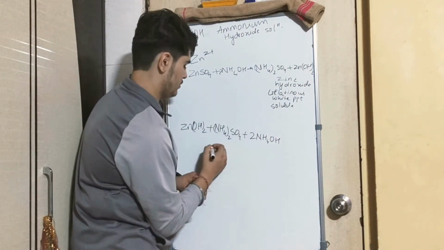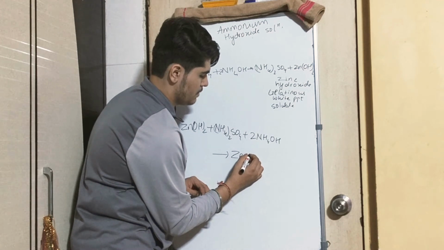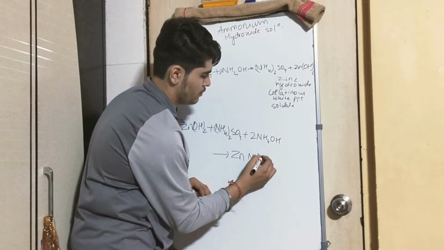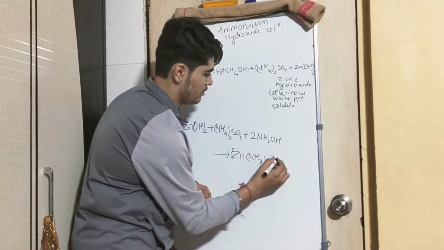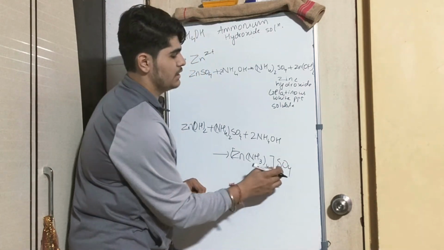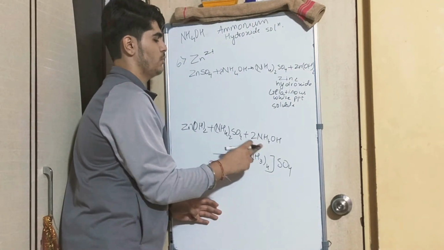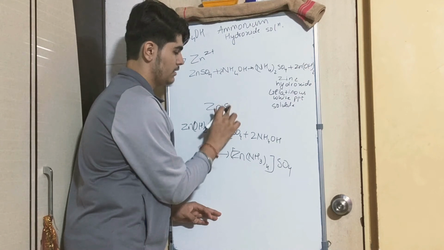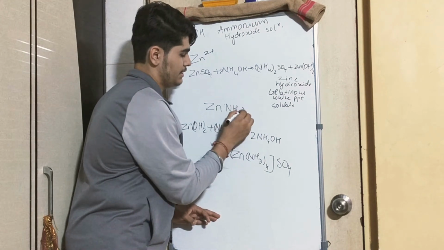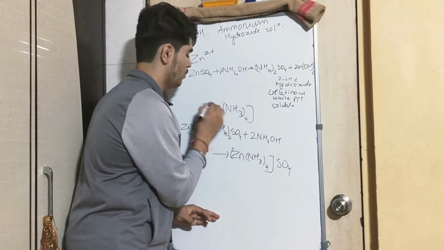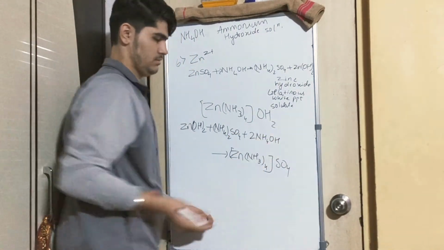I will tell you which reacts to give Zn(NH3)4SO4. In the place of SO4, if you react with Zn(OH)2 and 4NH4OH, you get Zn(NH3)4(OH)2.